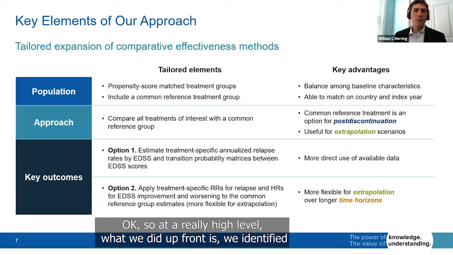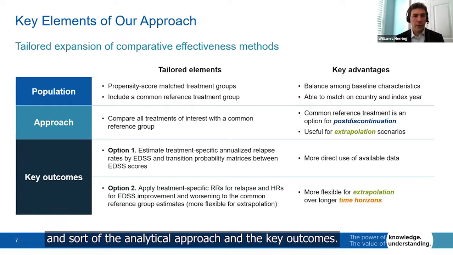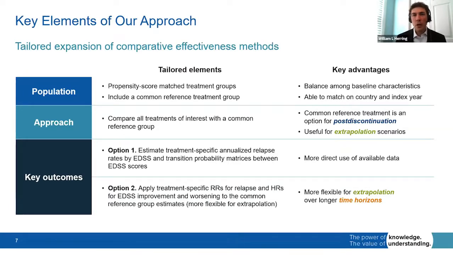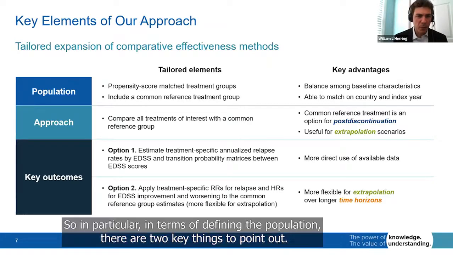Okay, so at a really high level, what we did up front is we identified some of these key areas with population, methodology, the analytical approach and the key outcomes, and we tailored specific elements of that to what we knew the cost effectiveness model was eventually going to need. In terms of defining the population, there are two key things to point out.